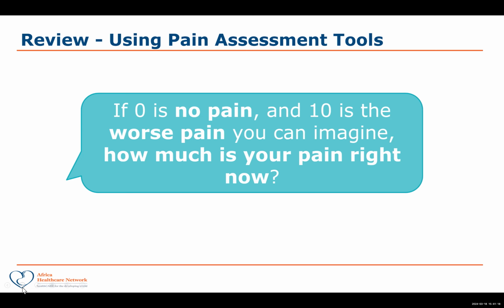Would it be mild or moderate or severe pain? Would that be something that we would want to address in our patient? Generally for patients that have a 9 out of 10 pain, that is severe pain. Yeah, perfect. So we definitely need to do something about a patient who's experiencing a 9 out of 10 pain.